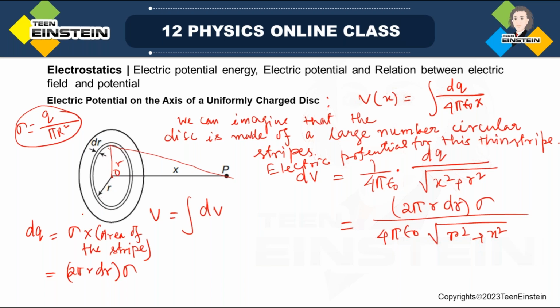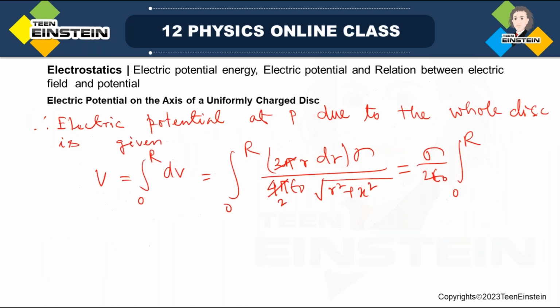If we take the limit 0 to capital R, that is the radius of the whole disk, then it will be the potential due to the whole disk itself. r dr divided by this.